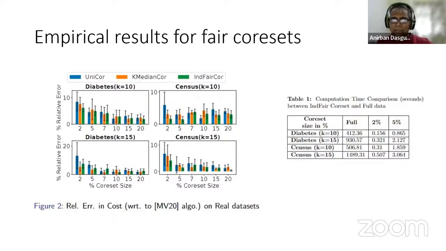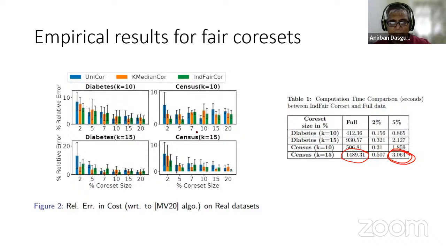Yeah, and we have done some empirical studies on this. So notice the times here. If you use a 5% coreset, you take 3 seconds to run your algorithm. Using the full data, you need 1400 seconds to run your full algorithm.